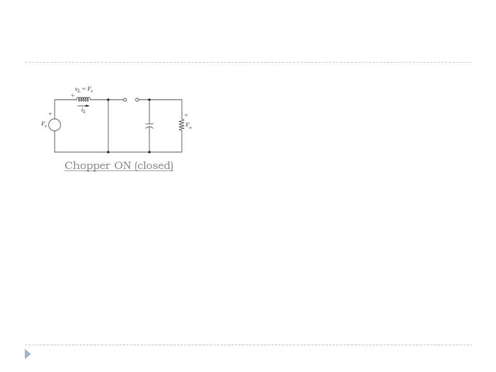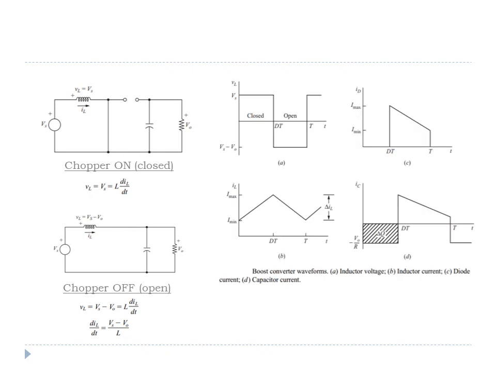So the voltage across inductor during this time is equal to Vs. When chopper is off, the supply voltage along with the energy stored in the inductor is provided to the load. So the voltage drop across inductor is Vs minus V naught. If we observe the inductor voltage, it is positive, equal to Vs when the chopper is on and Vs minus V naught when the chopper is off.